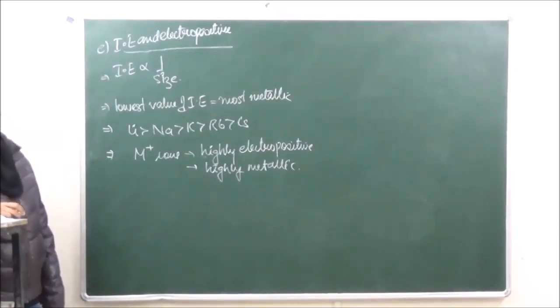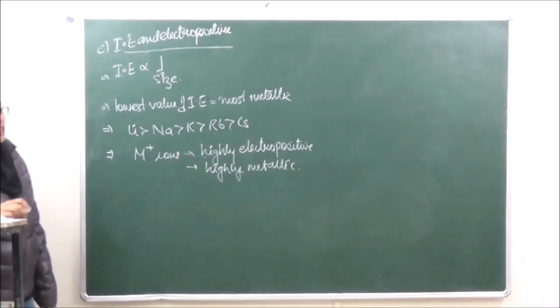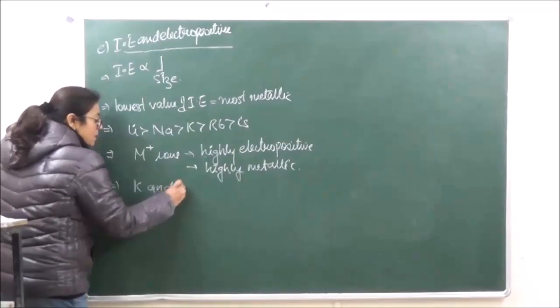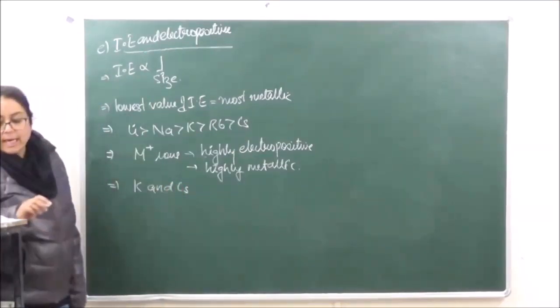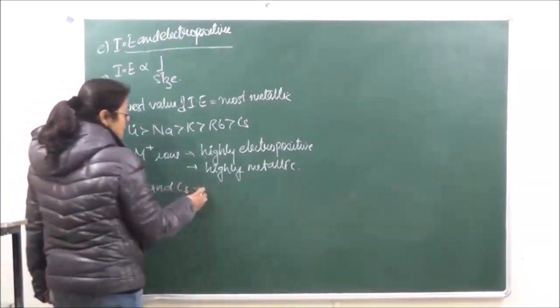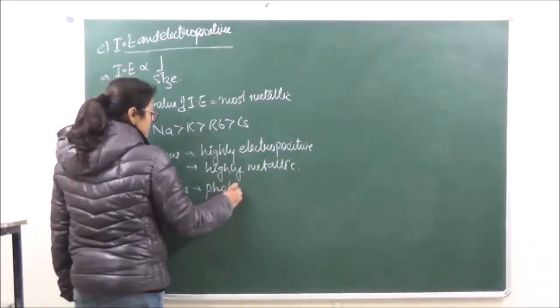Now potassium and cesium, because of their very low values of ionization energy, are used in photovoltaic cells.